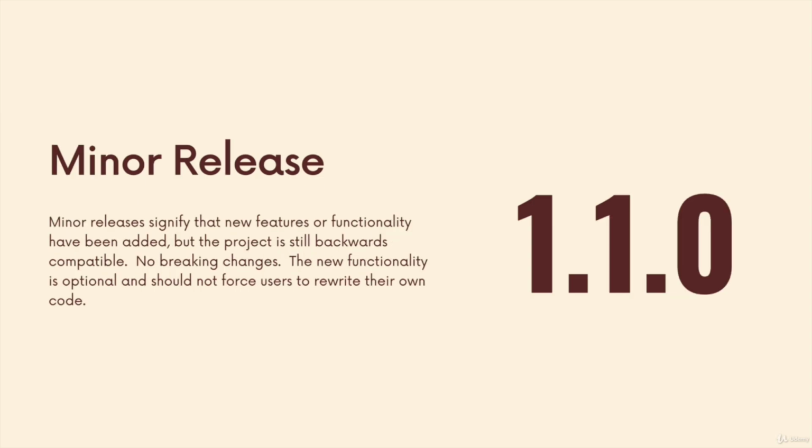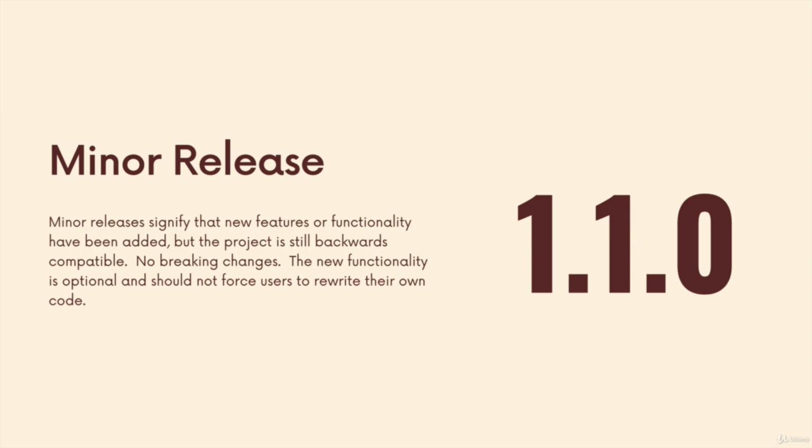Then we have minor releases. So minor releases signify new features, new functionality that's been added, but everything is still backwards compatible, no breaking changes. So typically, new functionality, new features will be optional in a minor release. It's just like, hey, here's some new stuff, but you don't have to completely reconfigure everything you've done as a user.